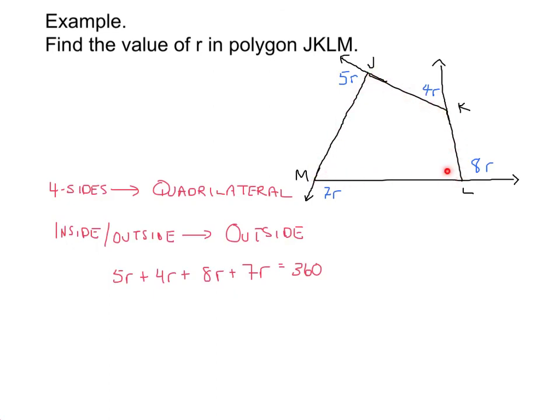The angles inside don't add to 360. The outside angles add to 360. So continuing this, adding up the r's, we get 24r is equal to 360. And then we do 360 divided by 24, which gives you r is equal to 15. And now we are done.